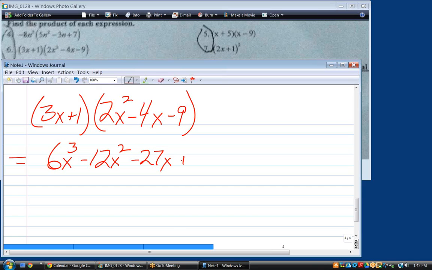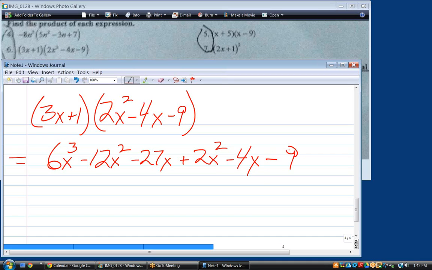And then plus x squared. Okay, we're going to multiply 1 times 2x squared, so that would be plus 2x squared. And then minus 4x. Again, we're going to multiply 1 times minus 4x. All right. And then negative 9.